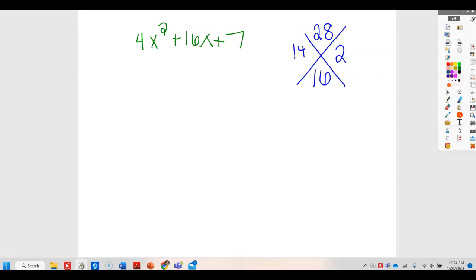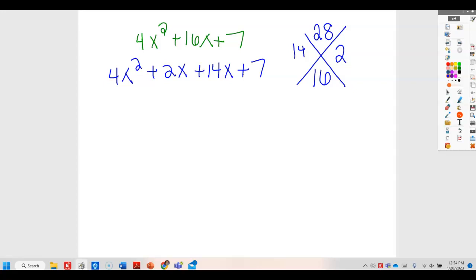The order that you put in the factors does not matter. So last time I did 9 plus 2. You could technically write 2 plus 14 or 14 plus 2. The order doesn't matter.